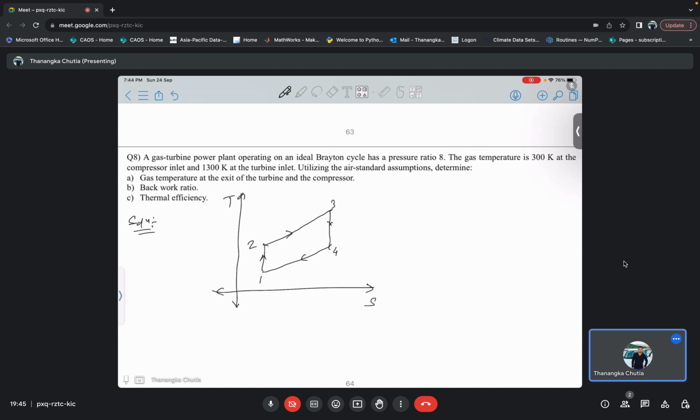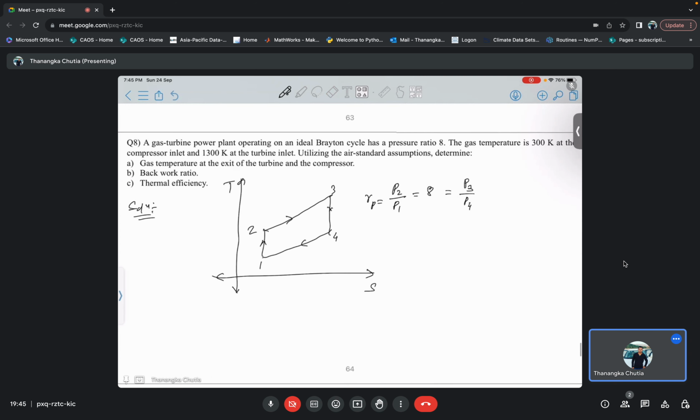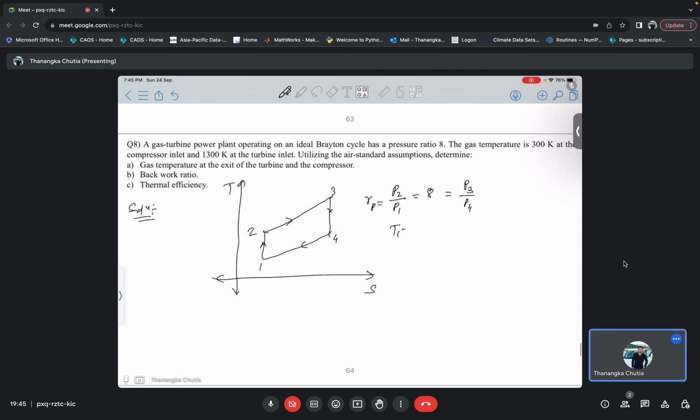So P2 by P1 is given to us as 8, and that is also equal to P3 by P4. Gas temperature at the compressor inlet, T1, is 300 Kelvin, and at the turbine inlet, T3, is 1300 Kelvin.